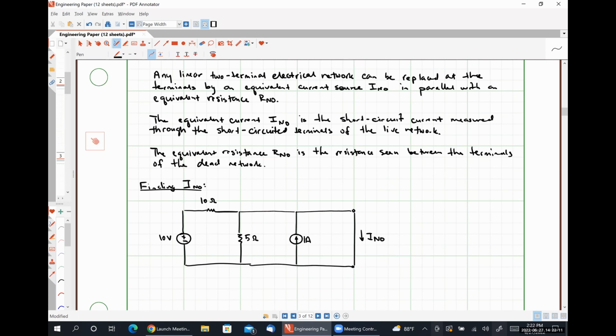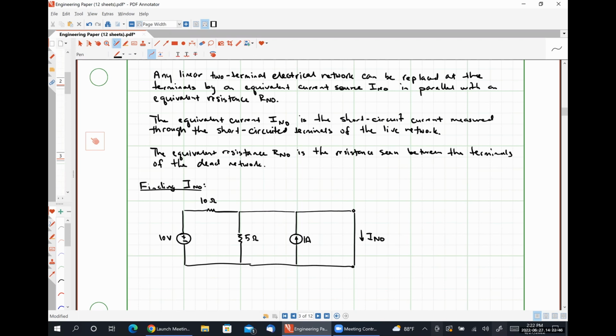So, how do you guys think we should find this current I Norton? So nobody's saying anything. So nodal analysis.